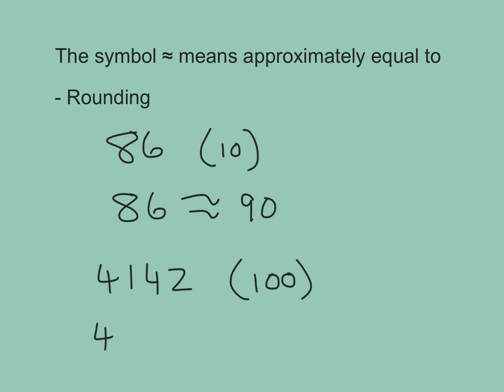Is 4 greater or less than 5? Well, it's less than. Therefore 142 needs to be rounded down to 100. So we have 4142 is approximately equal to 4100. Hope you got that one right.